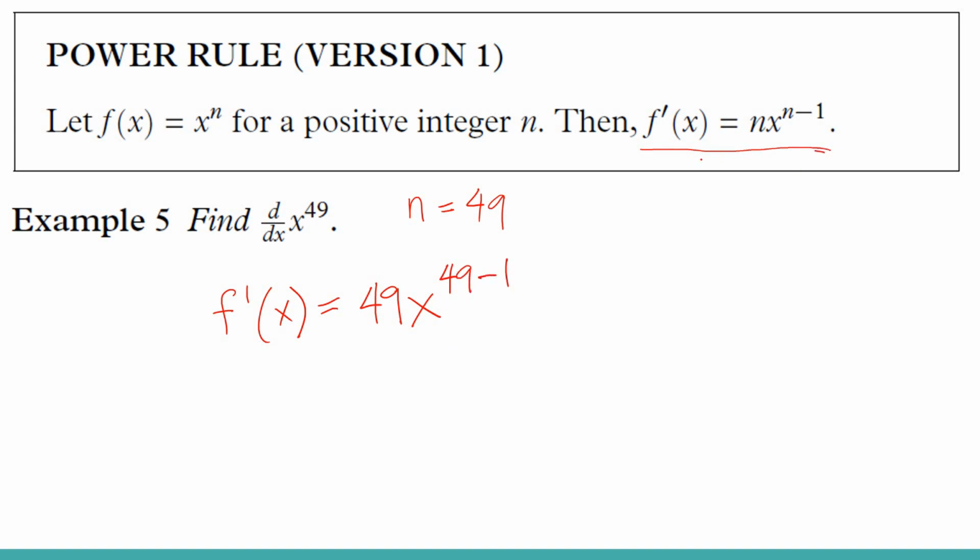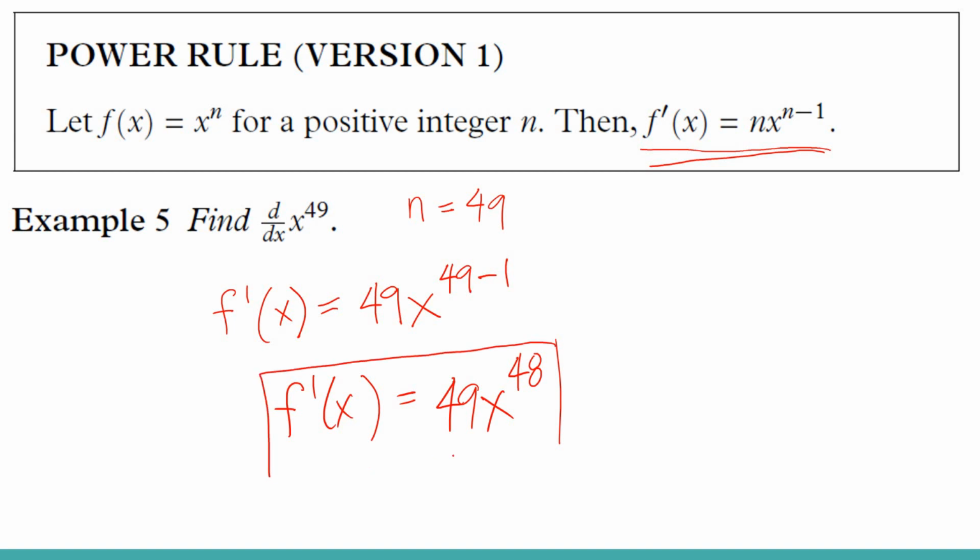We're just following the formula. So f prime of x equals 49 times x raised to the power of 48. This is the derivative of x raised to the power of 49 with respect to x.